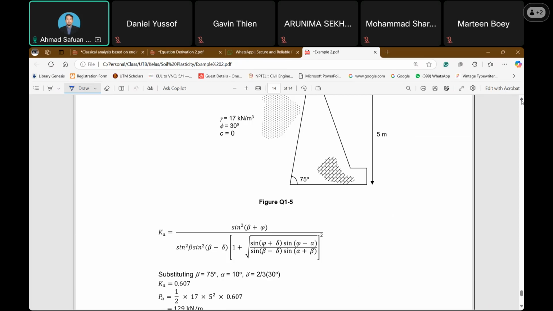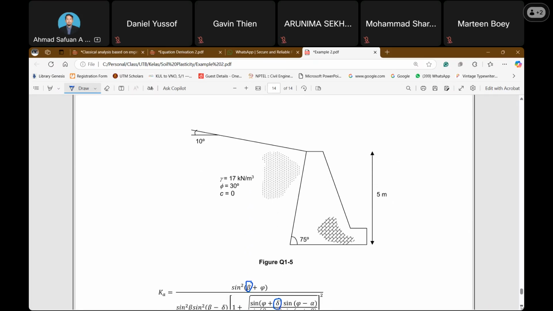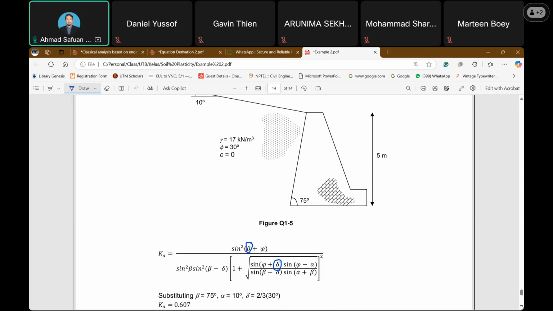In this equation, the Coulomb theory uses the friction between the wall and the soil, the angle of the retaining structure, and the angle of the slope.